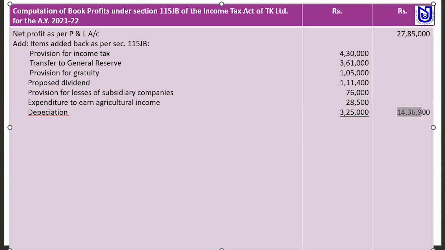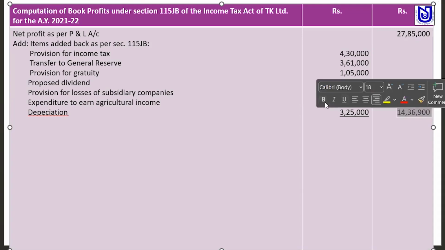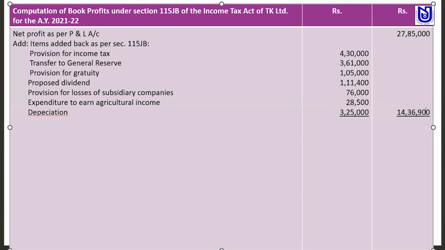So adding these items with the net profit shown in the profit and loss account, we get the figure. How much? 42,21,900. So after adding some items, this is the net profit adjusted in terms of section 115JB.